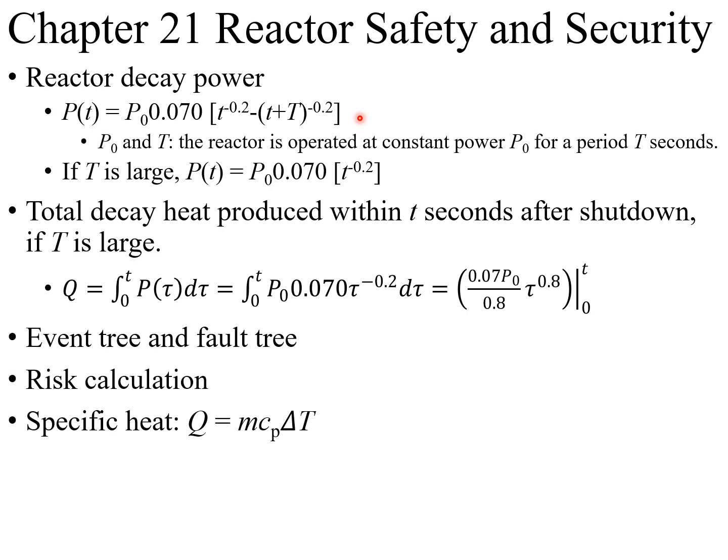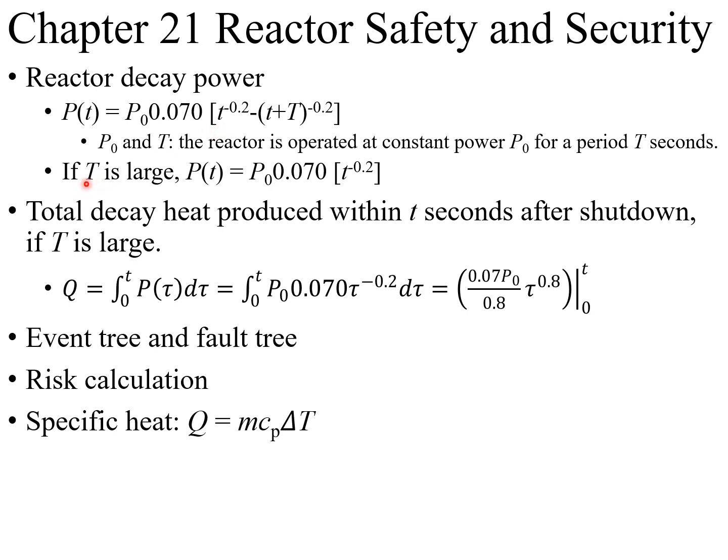In this formula, P(t) is the decay power t seconds after shutdown. P0 is the reactor thermal power before shutdown. Capital T is the reactor operating time before shutdown in seconds. And t is the seconds after shutdown.